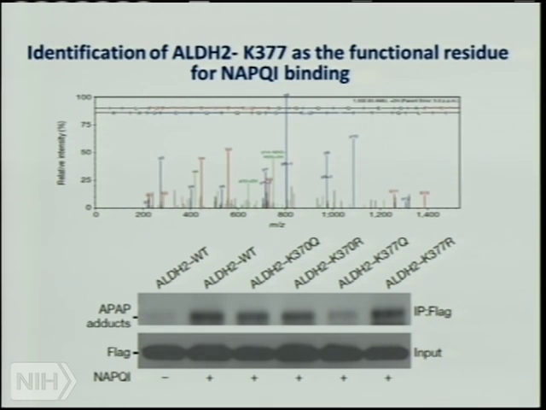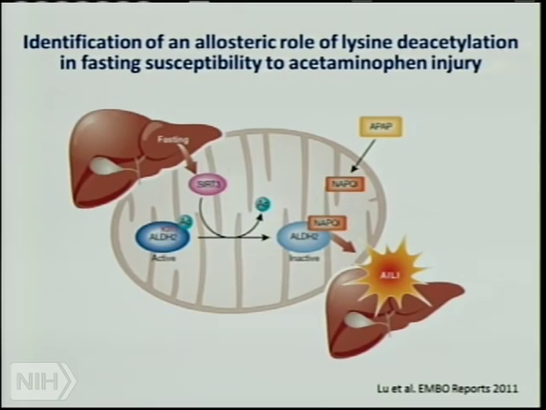This suggests that this is the site where NAPQI binds to the deacetylated ALDH2, inhibits its activity, and promotes liver toxicity, and that's shown in the schematic here. So this acetyl acts as an allosteric inhibitor of the binding of NAPQI. You remove it, NAPQI can bind, inhibit the aldehyde dehydrogenase, and you get increased acetaminophen-induced liver injury.